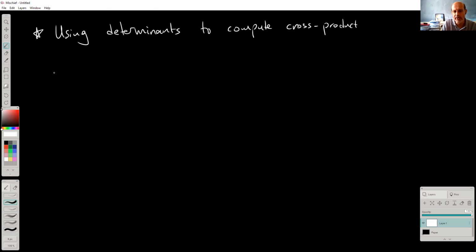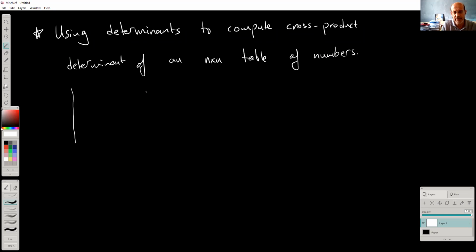It's something like this. Well, determinant is basically a determinant of an n by n table of numbers. Right? It's just some kind of a table in here, so there are some numbers in here.